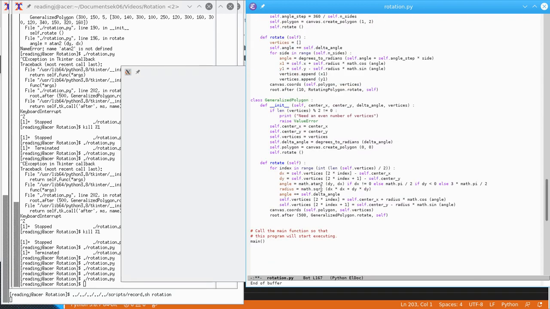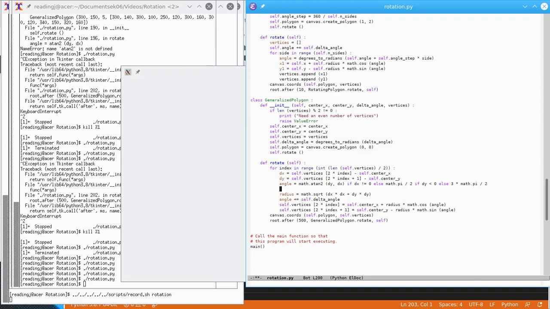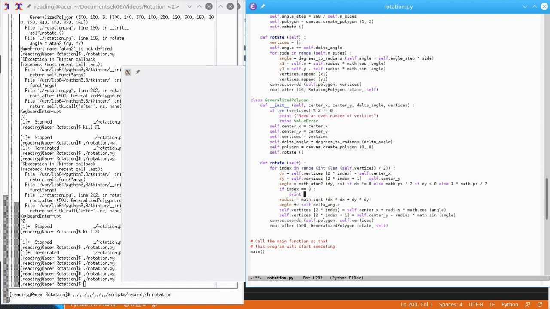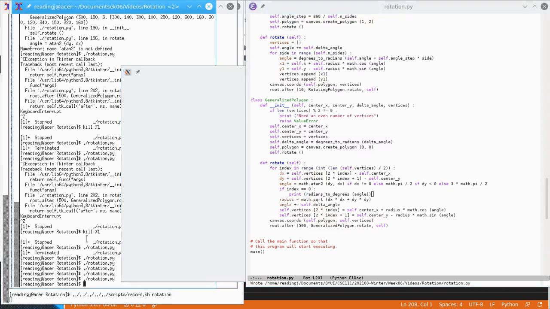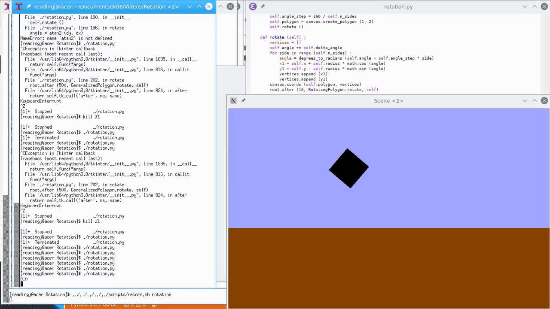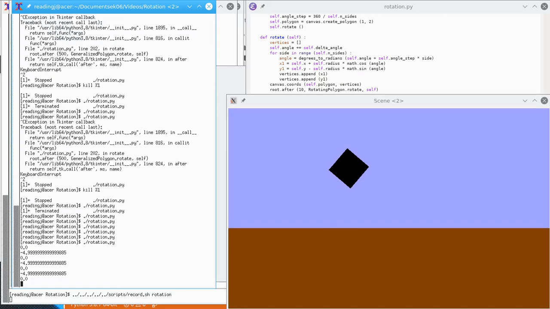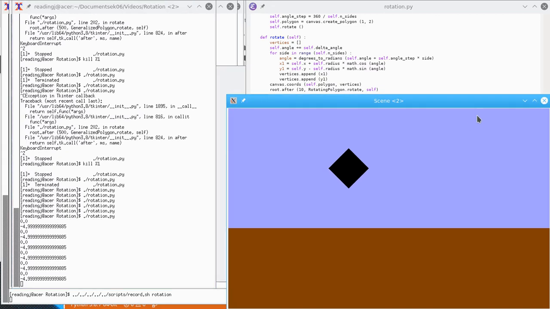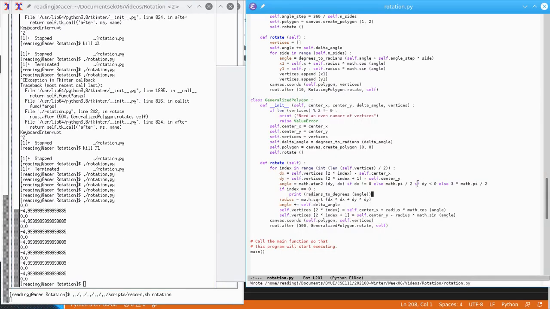And then we can come down here and we can say if, don't need a paren, this is Python, index equals 0, print angle, radians 2 degrees angle. Negative 4.9 and then 0. Okay.